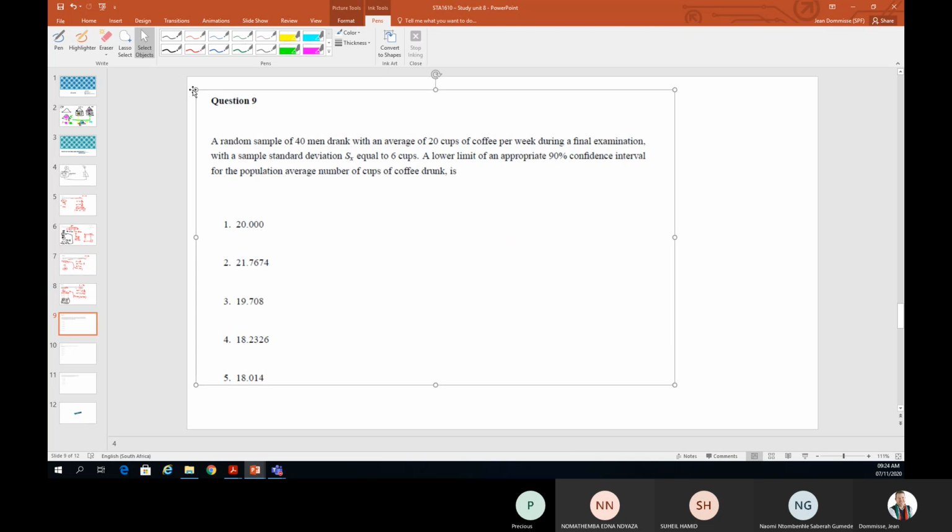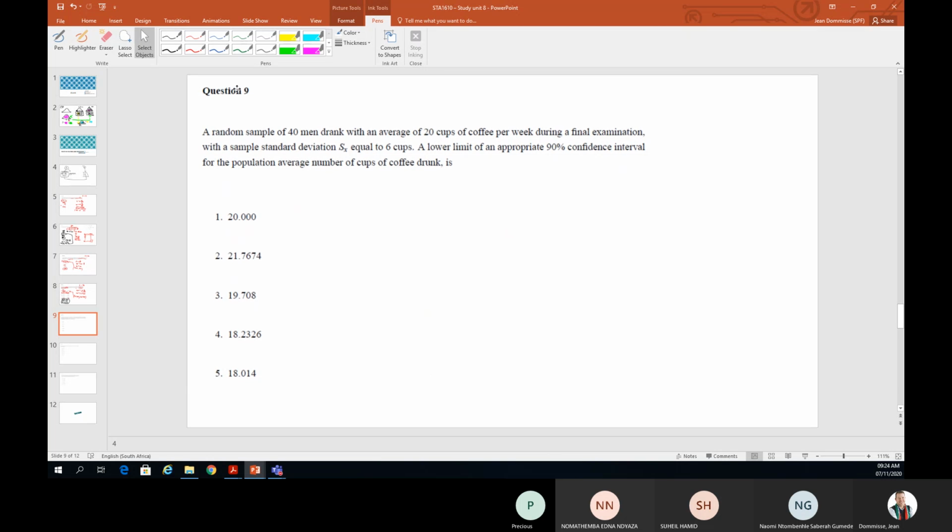Okay, talking about a different one. There we sit with 90, but let's first see what other information they give us before we jump to 1.645.